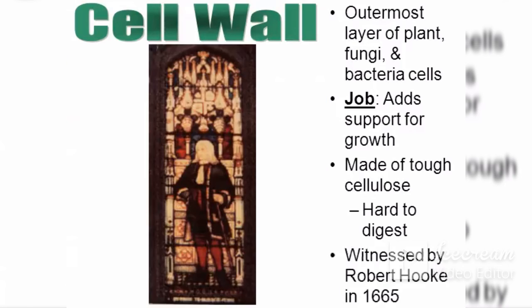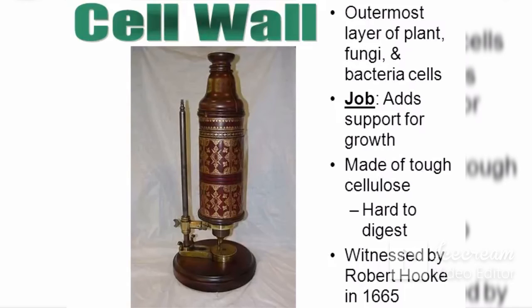And the cell wall really started our understanding of cells. Earlier in another video, we learned that Robert Hooke in 1665, again, there's no real good pictures of Robert Hooke, so here we just have a stained glass picture in a cathedral. Robert Hooke in 1665 examined cork. And so he used a very primitive microscope, like this one in this picture here, and as I mentioned a moment ago, he examined cork.